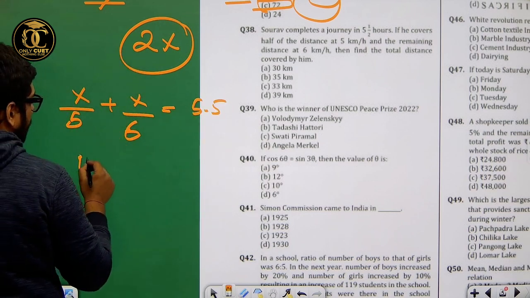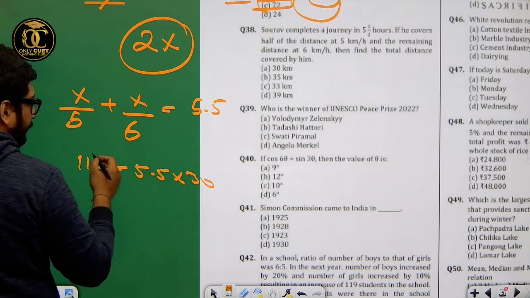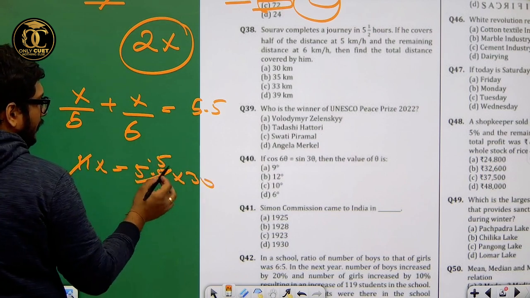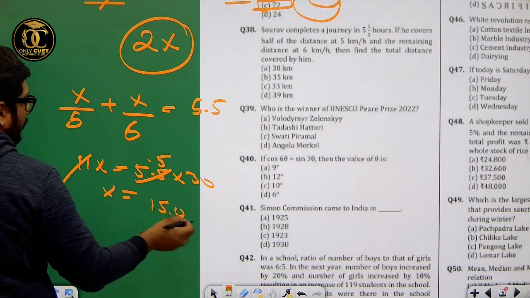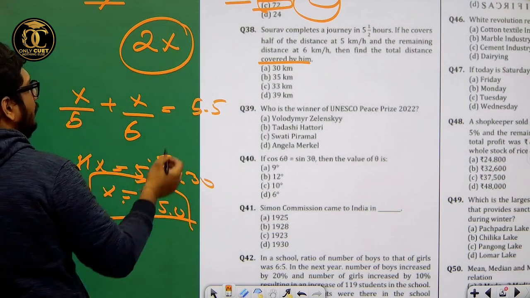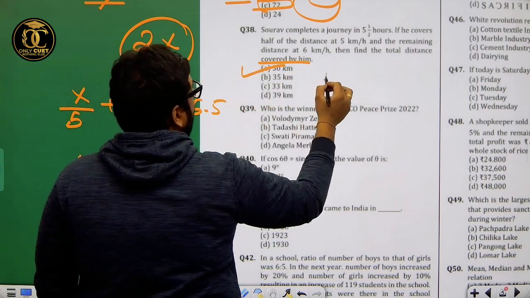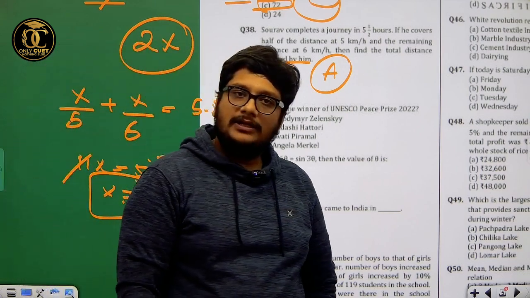That is 11x is equal to 5.5 into 30, so x is equal to 15. The question asks the total distance, that is 2x, so 2 into 15, 30. Option A is the correct answer.